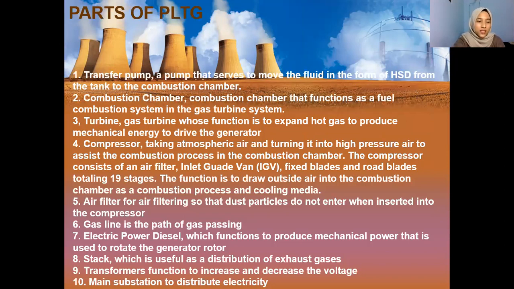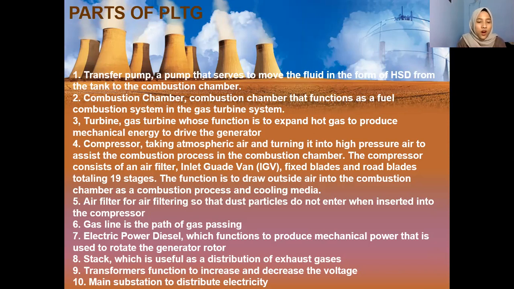Before the parts of PLTG, generally PLTU uses a multi-stage type of steam turbine, namely a steam turbine consisting of more than 8 turbine stages: high pressure, intermediate pressure, and low pressure turbine. The superheated water vapor produced by the boiler enters the high pressure HP turbine and exits from the exhaust side to the boiler again for the reheat process.